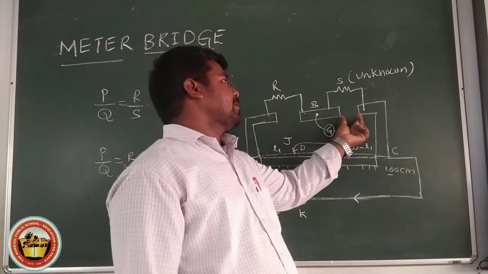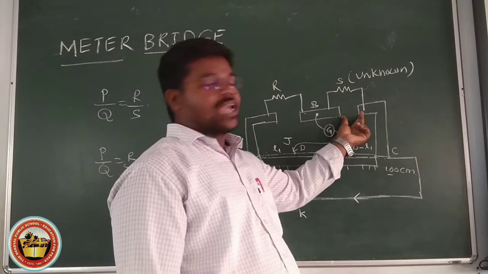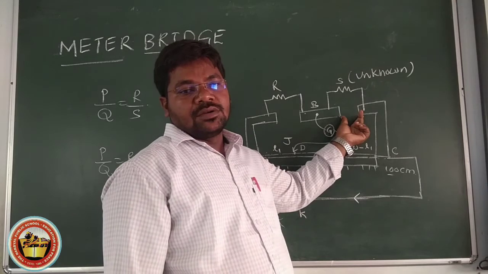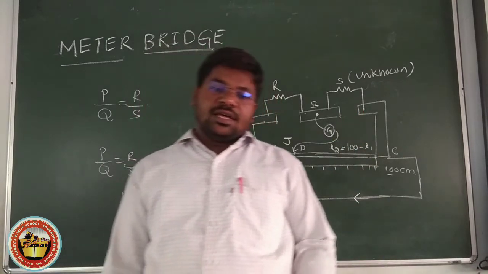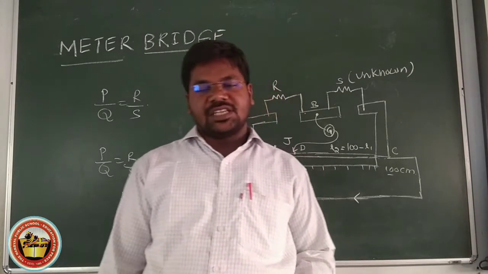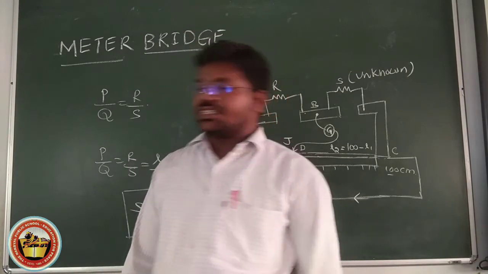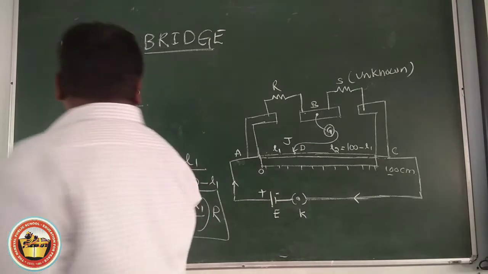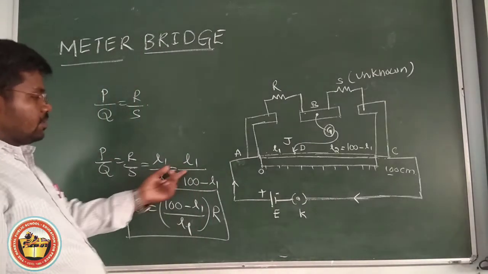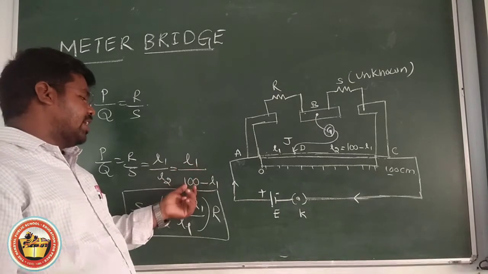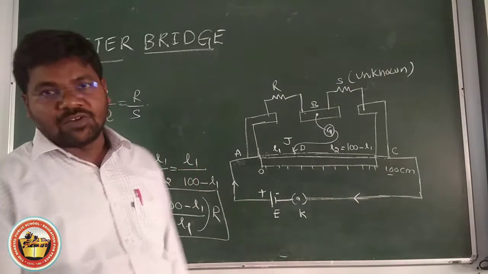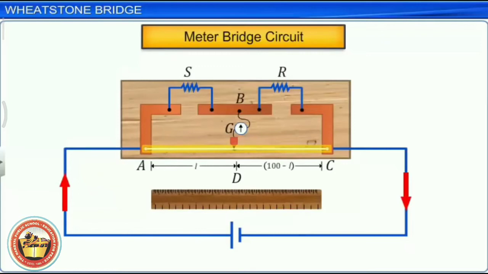We place the unknown resistance at the second gap, and we compare the ratio: R by S is equal to L1 by L2, or L1 divided by 100 minus L1. The diagram of the meter bridge is as shown in the figure.